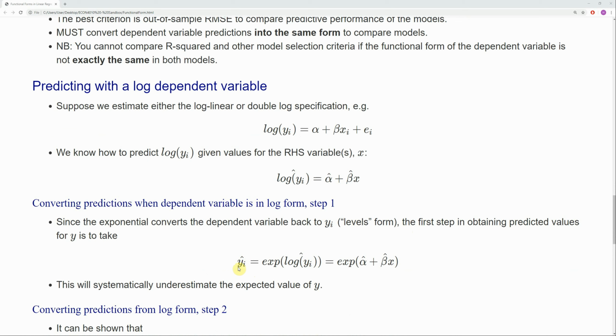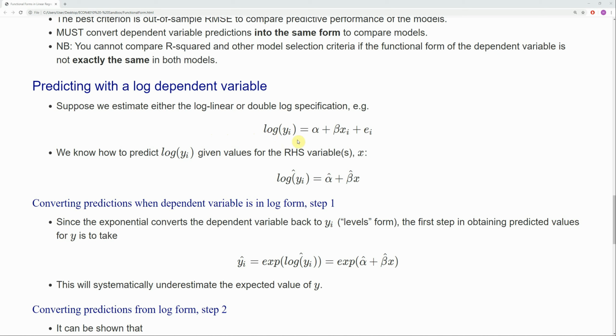Yi itself is in a level form, and if we take the log of it, log of yi is in a log form.